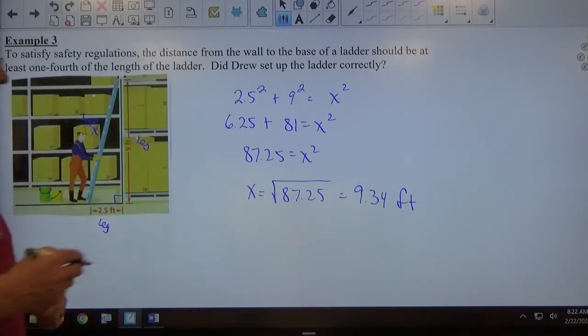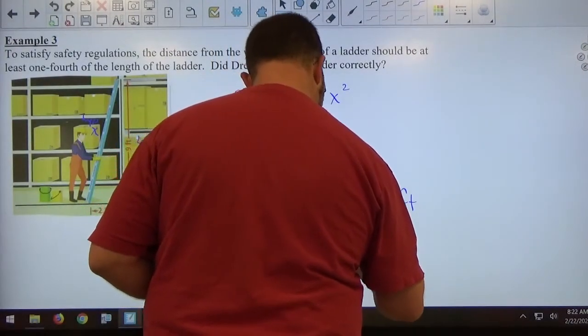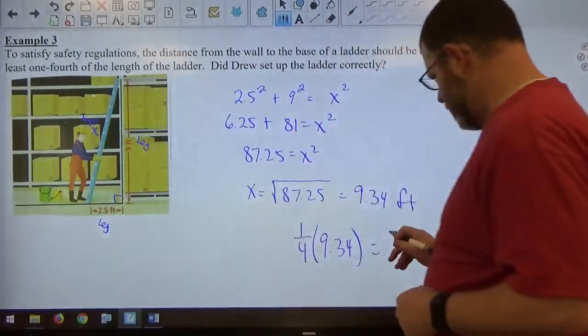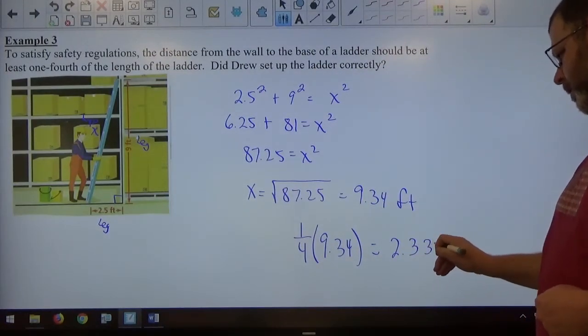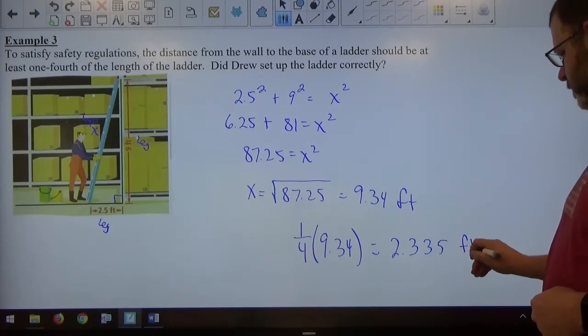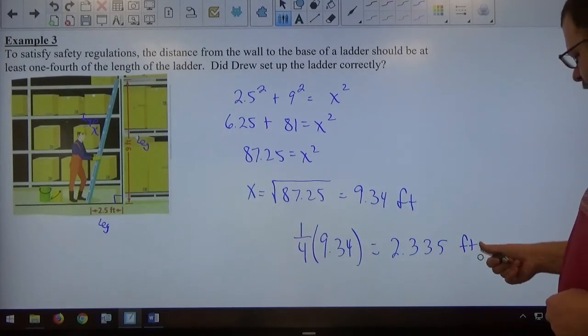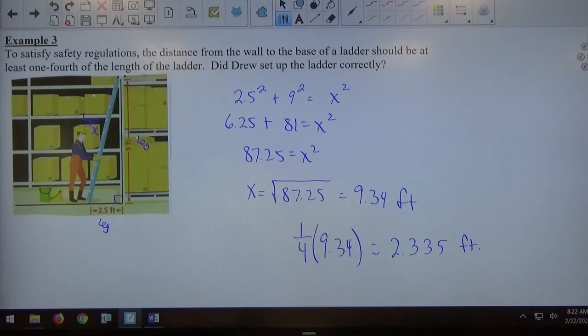So now, if I take 1/4 of the length of the ladder, that's 2.335 feet. So what did you guys get when you divided 9.34 by 4? Yeah. 2.335 feet.